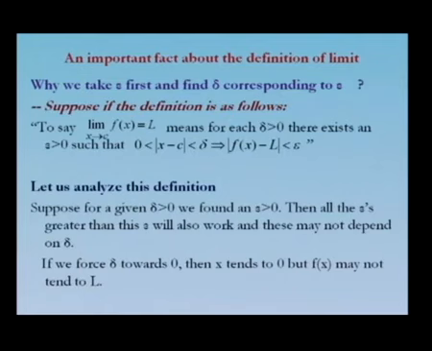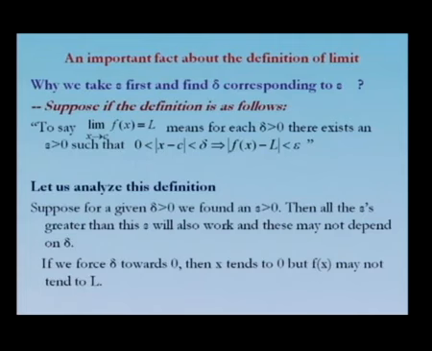Suppose we assume that delta is given and we have to find epsilon, and the definition is now to say limit x tends to c of f(x) equals L means for each delta greater than 0 there exists an epsilon greater than 0 such that 0 < |x − c| < δ implies |f(x) − L| < ε.